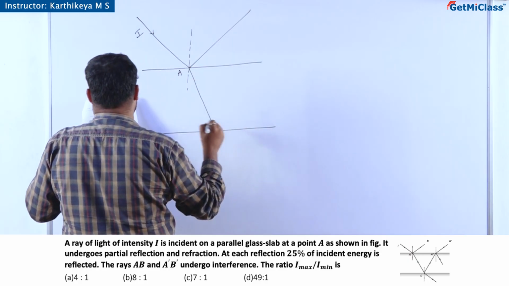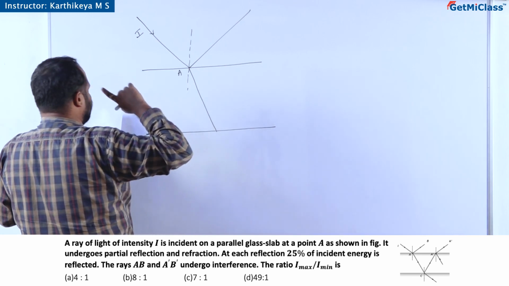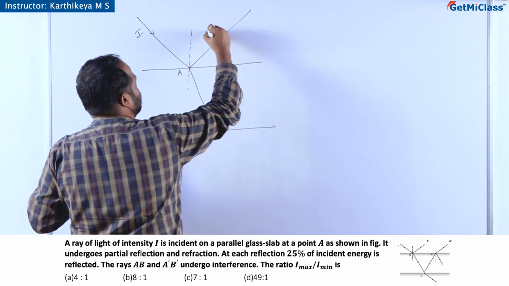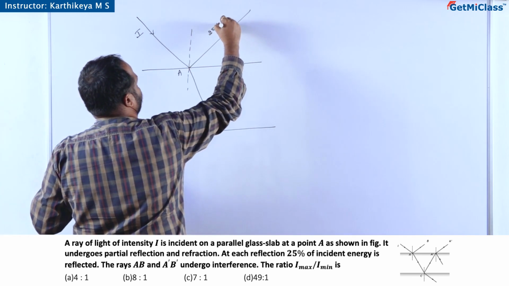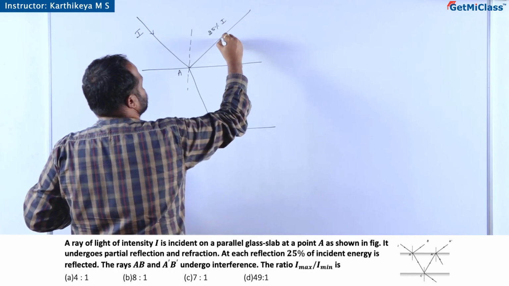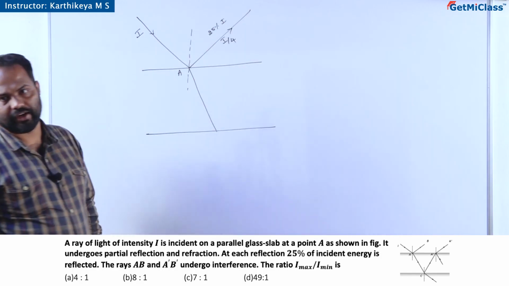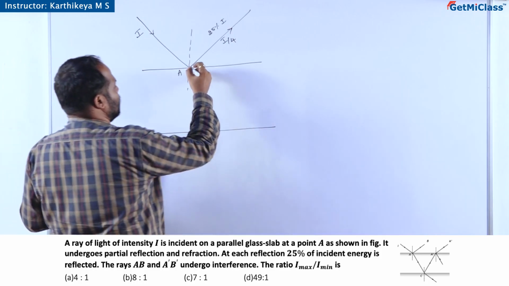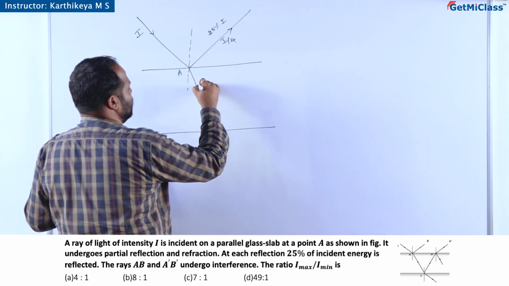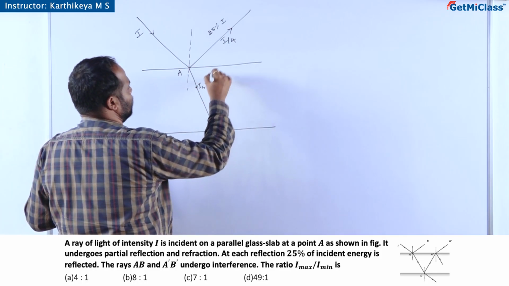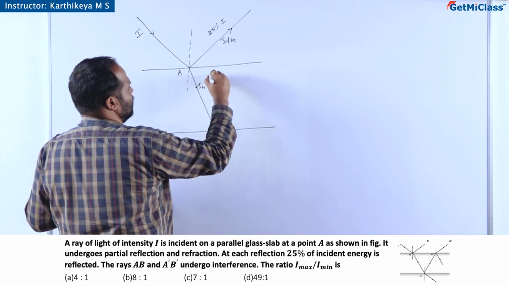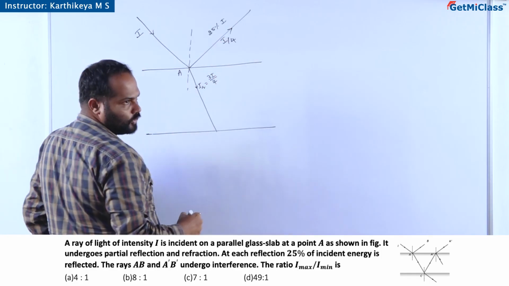So, at reflection 25% of I is reflected. That is I by 4, the intensity of the reflected light. Then what is the intensity remaining for the refracted light? If I by 4 goes, this should be 3I by 4.